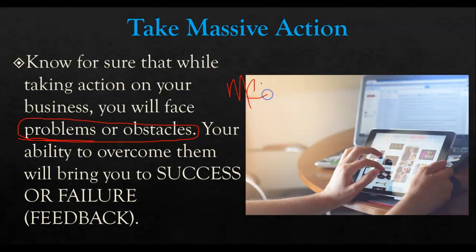Okay? So your mentors are like the shortcuts to reaching your goal, or overcoming the problems you need to overcome. Okay. So if that happens, you succeed or you are going to fail.